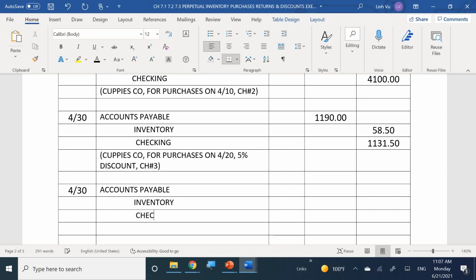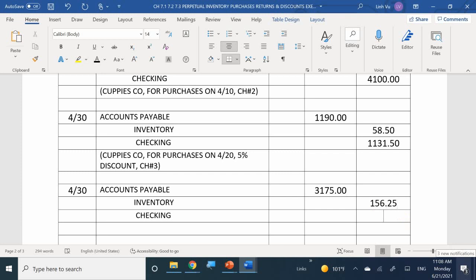Good. So in this case, what was the grand total amount that I owe? $3,175. $3,175, right? How much was my discount for? $156.25.